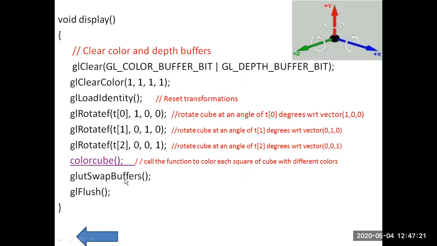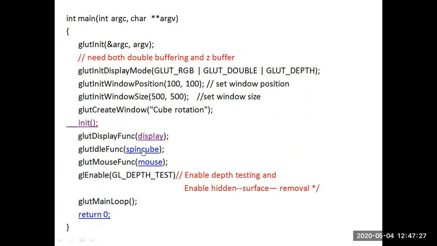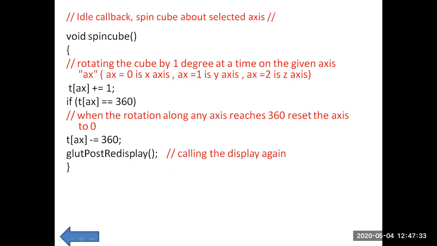In turn, glutSwapBuffers will call the display function. glutIdleFunc is registered, and we call the spinCube function. This spinCube function is an idle callback function which will spin the cube about the selected axis. So I need to rotate the cube by 1 degree at a time along the given axis.